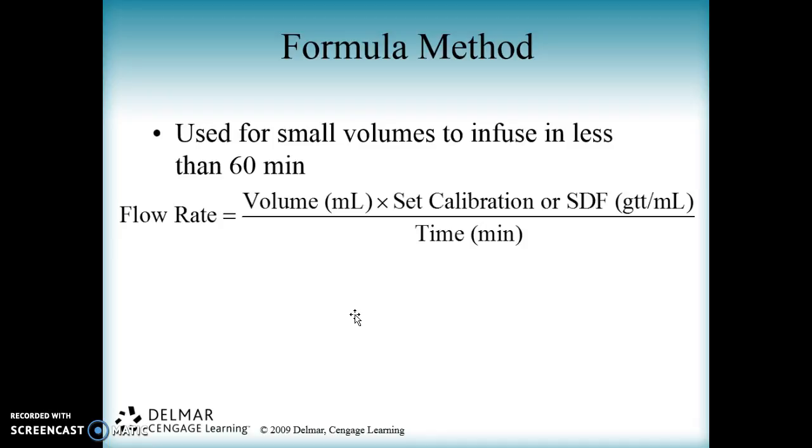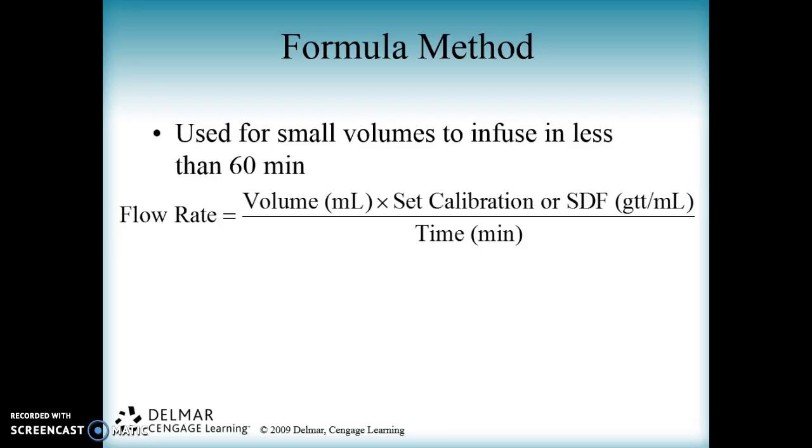So if we're given a time of 3 hours, we're going to multiply it by 60 to change it to minutes. We really want to make sure that we are changing our time to minutes before we use this formula. I personally prefer this one, but it's totally up to you which one you use.